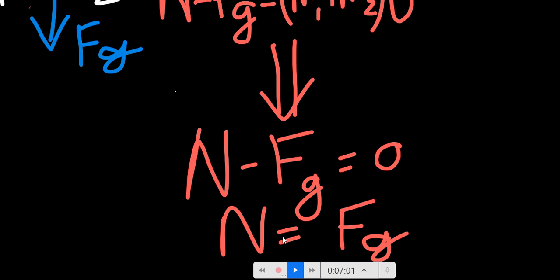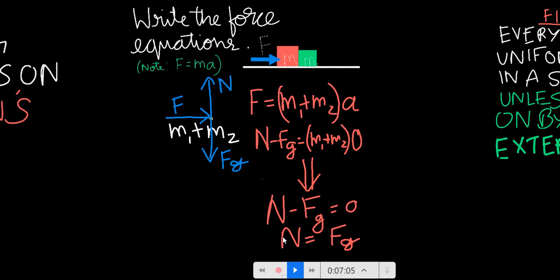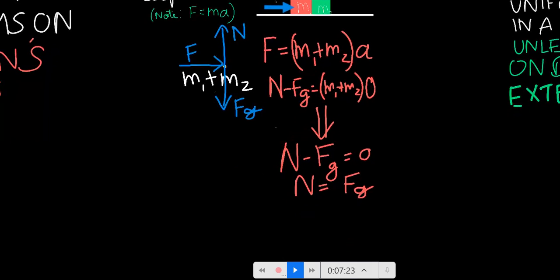So basically the normal contact force and the gravitational force just cancel out each other. So there we have it. Those are the force equations for this system. Now let's say that they don't ask for the force equations for this entire system, but only for the mass m1 over here. What do we do then?